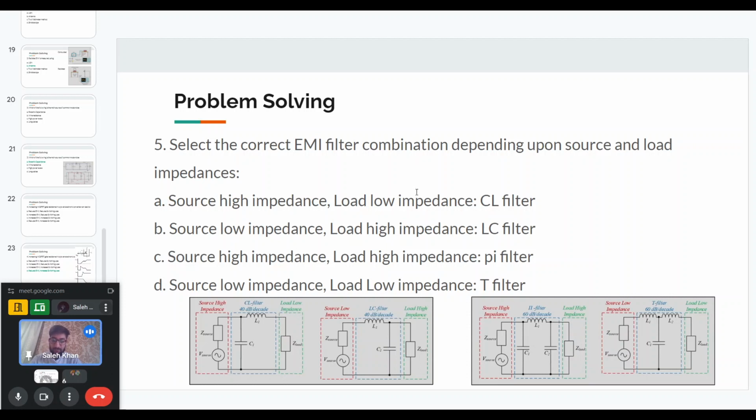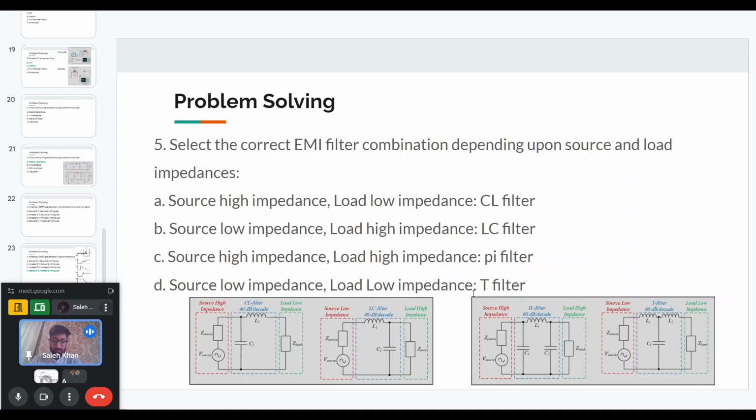So the first option seems correct because the C portion is attached to the high impedance source and the L portion is attached to the low impedance load. Now, if we reverse the situation of the source and load, then obviously we will have to reverse the filter as well, which is what is done in option B. So the B option also seems correct.